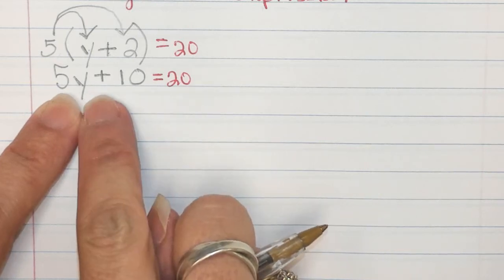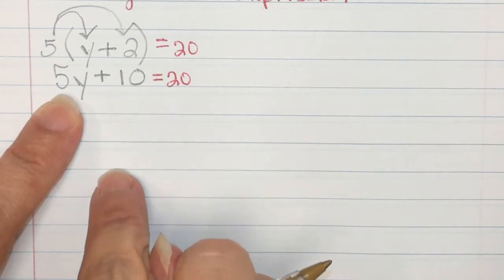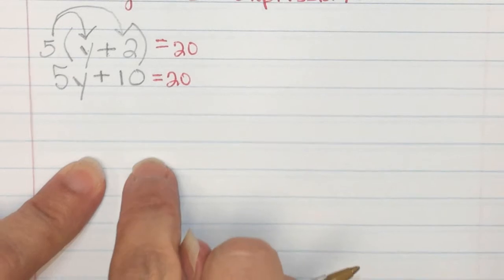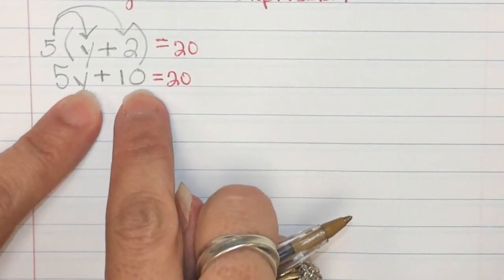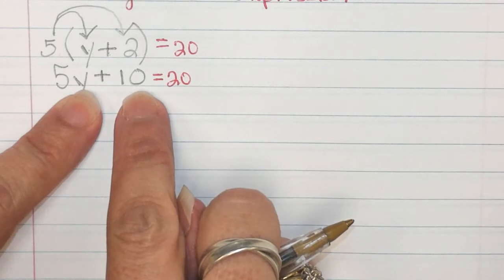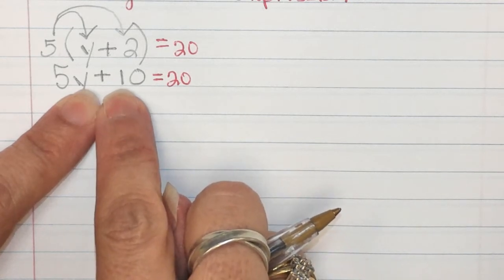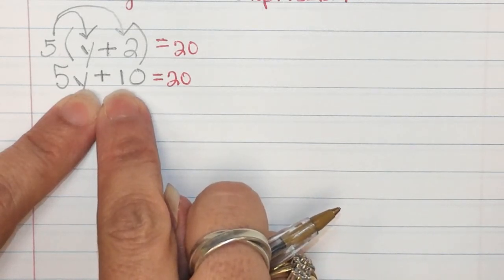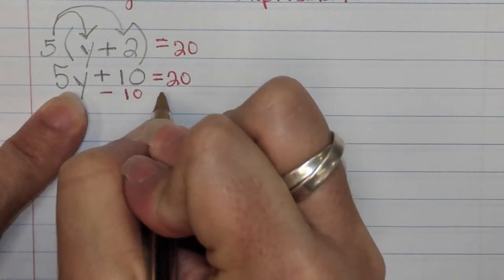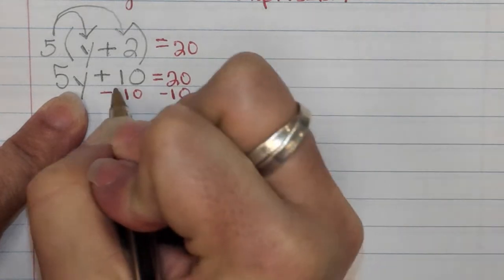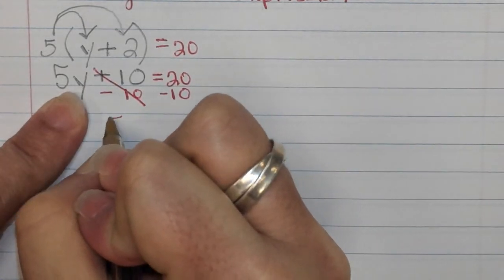You can solve this thing for y. My goal is down here to say y equals something. Now, the first thing you would do in the world of algebra would be get rid of that plus 10. Well, what's the opposite of a plus 10? Minus. So you would get rid of it doing this. You don't have to write this down, guys. Just watch.